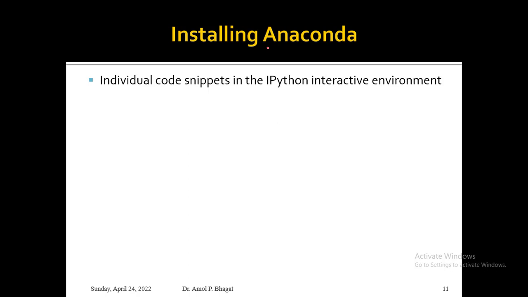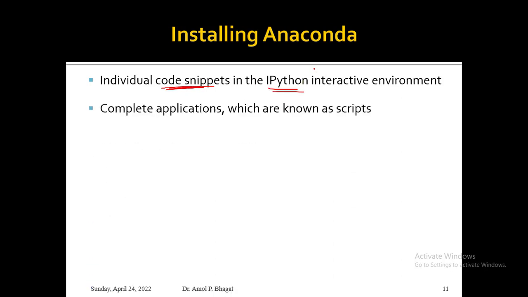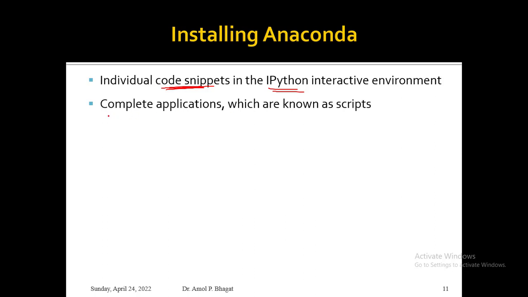These executions can be carried out in the Anaconda prompt. Directly you can execute the code snippet, that is a block of code, some limited lines of code, in the IPython environment. Or you can directly execute the complete application, which is simply called a script.